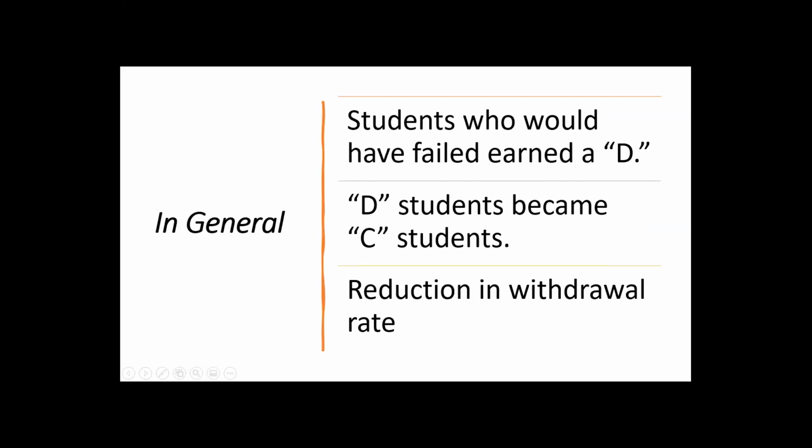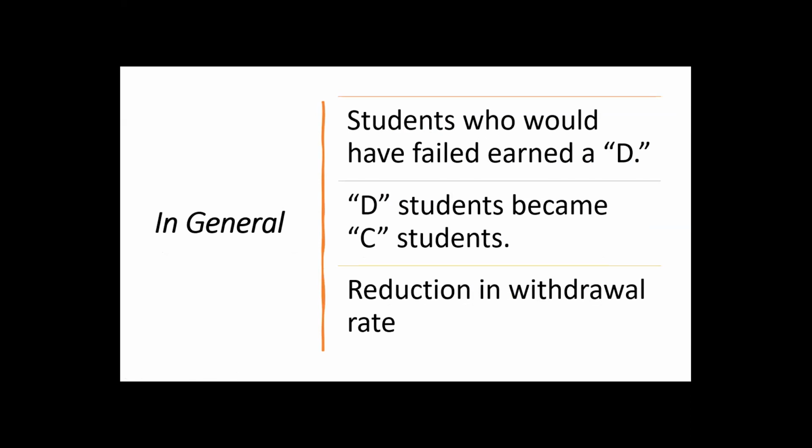And then in general, and again, this is just me giving you an interpretation of it, the students who maybe would have failed, they get a D. Do I like that? No, of course we want our students to get higher grades, but that student didn't fail.